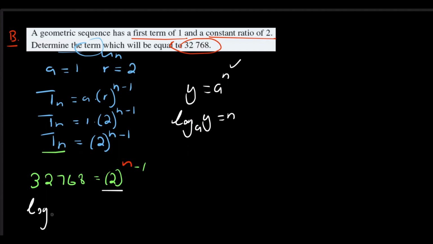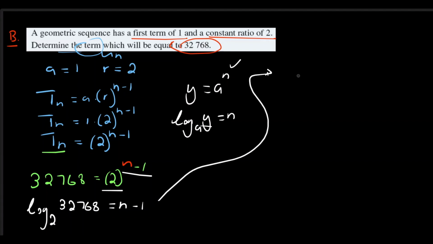Our a value is 2, our y value is 32,768, and our exponent is not only n, it's n minus 1. So we have log base 2 of 32,768 equals n minus 1. Remember, we're solving for n, so we just punch this into the calculator to see what we get as an answer.